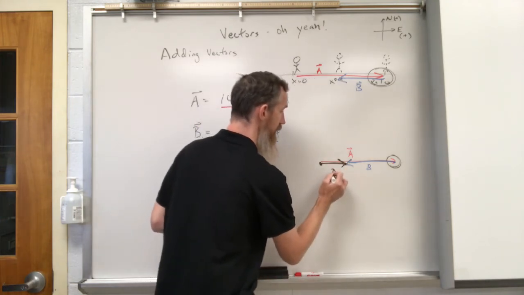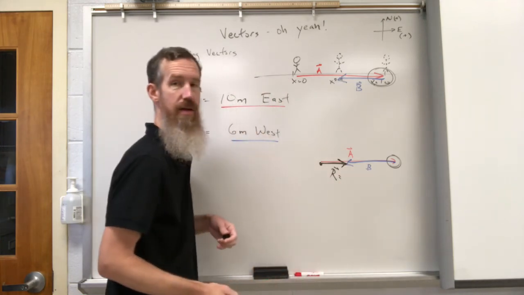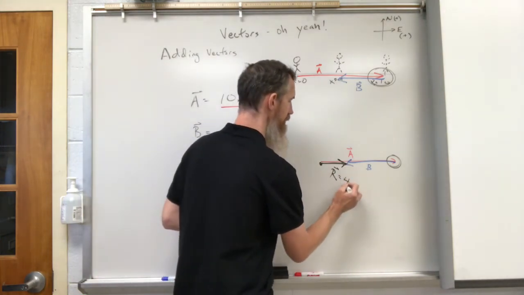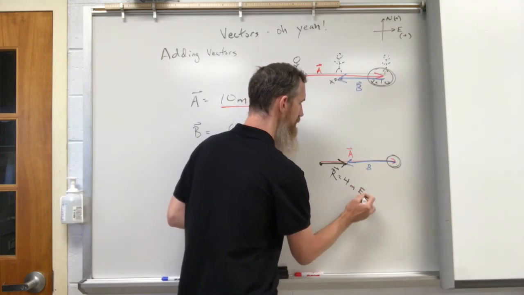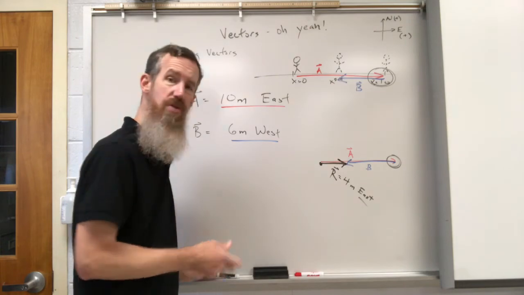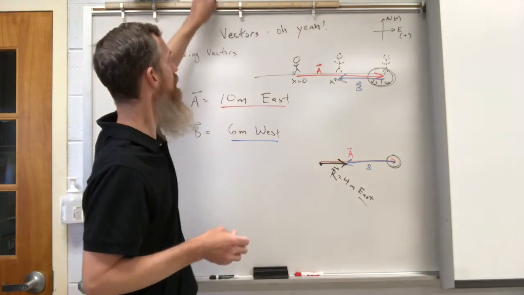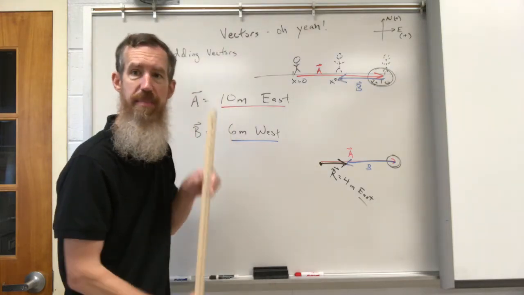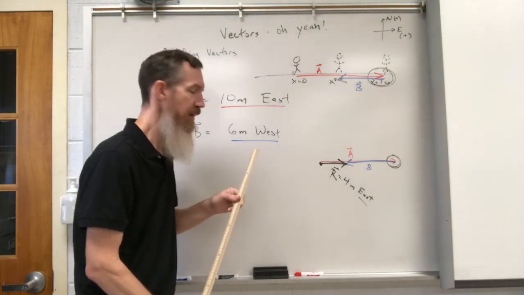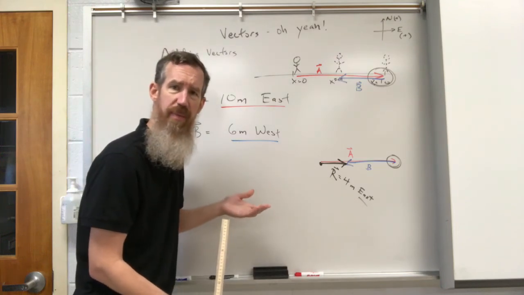They call this, a lot of the times, vector R, the resultant. And that resultant, as you can tell, is going to be 4 meters east. And again, that direction is important. And you can do this without doing any math at all if you just do good measurement with some rulers, some proper scaling, maybe even some graph paper.